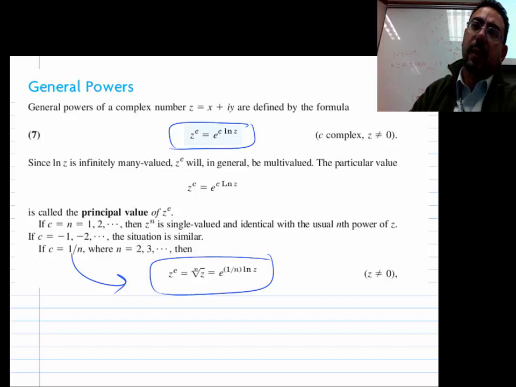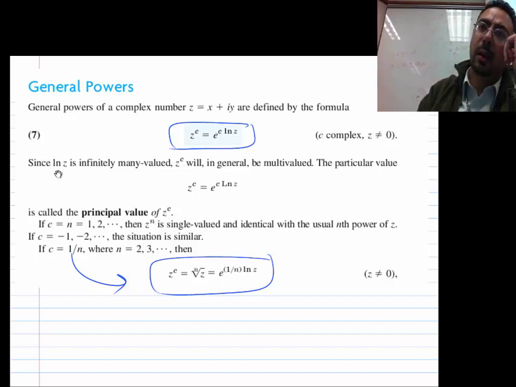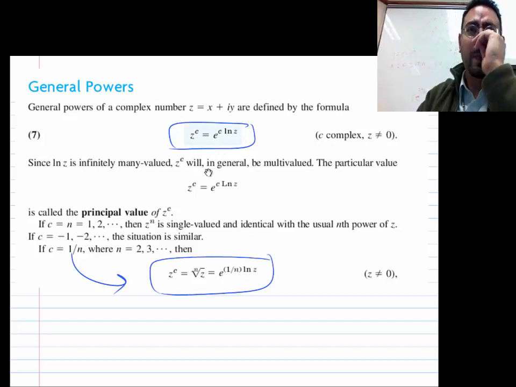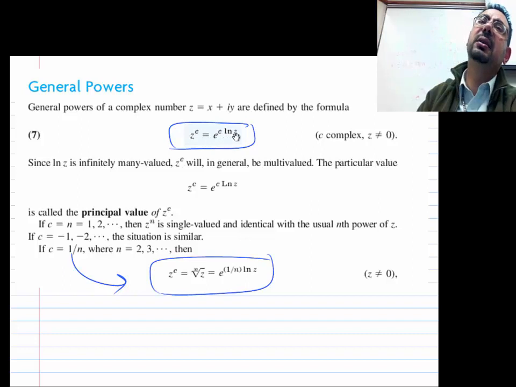And z to the power c is e to the c Ln z. So how do you prove this? Z to the c is e to the c Ln z.